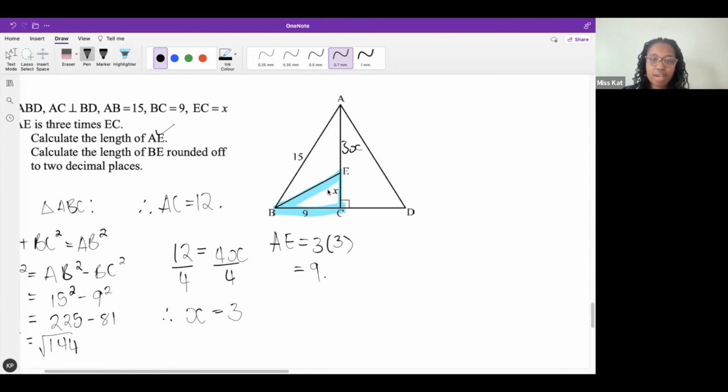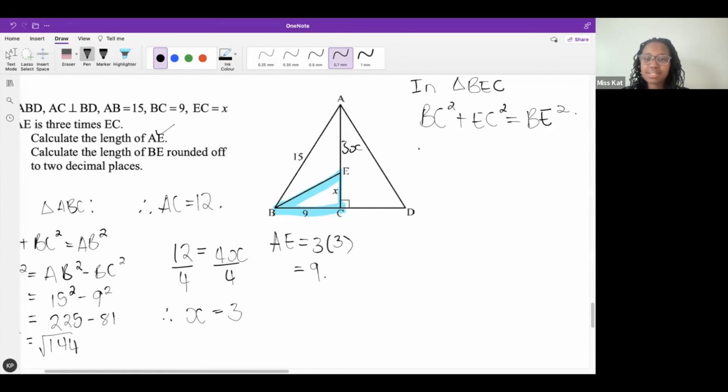We have x, which we just established as 3, and we have BC. So which method? Thank you, Pythagoras again. This time we say BC squared plus EC squared is equal to BE squared, in the small triangle BEC. What we're looking for is BE, so we can leave it the way it is.